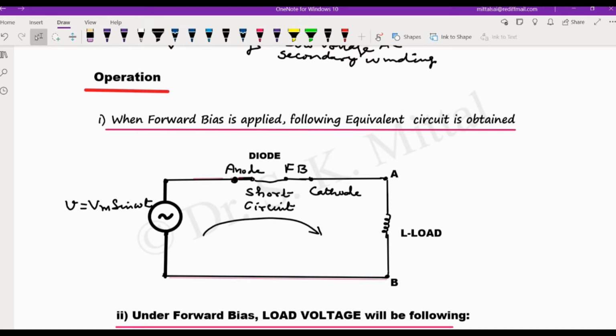Diode is unidirectional device, therefore current always flows from anode terminal to cathode terminal.